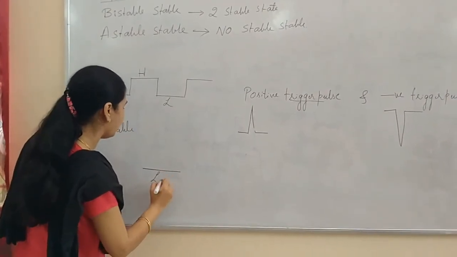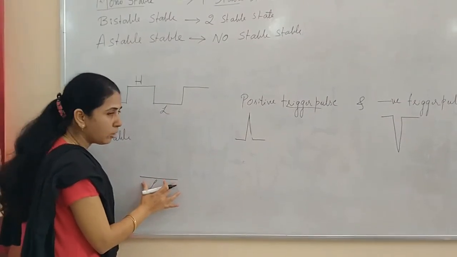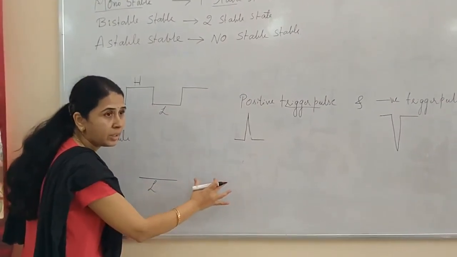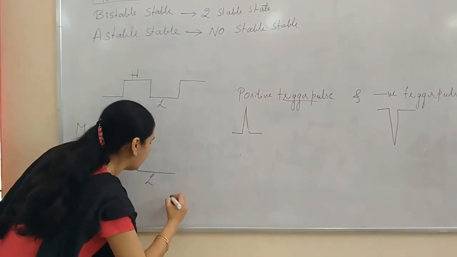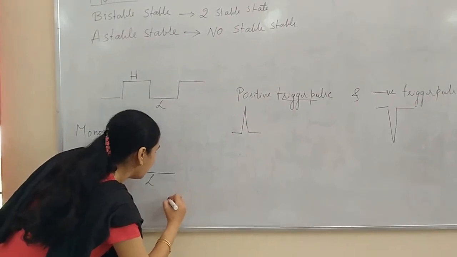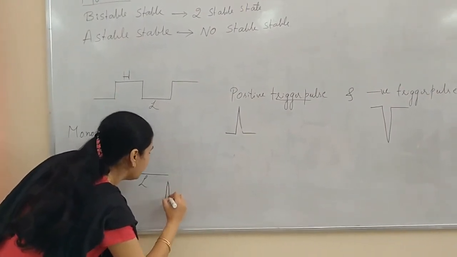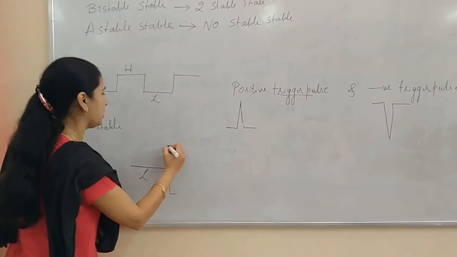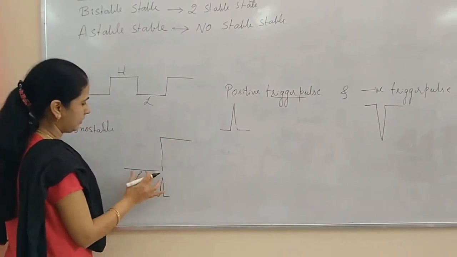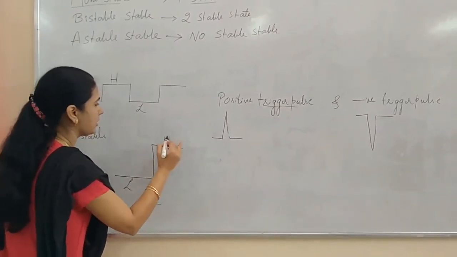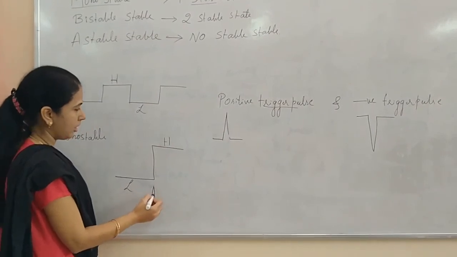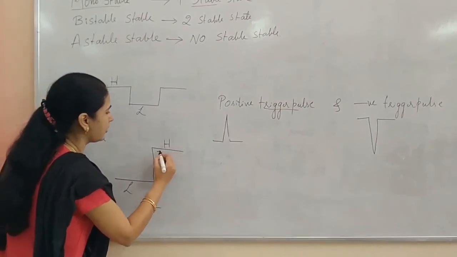suppose we have a pulse. If it remains low for a very long time, it makes a transition to high only after giving a trigger pulse. It will make the transition only after giving the triggering pulse, and it remains high for a fixed time.